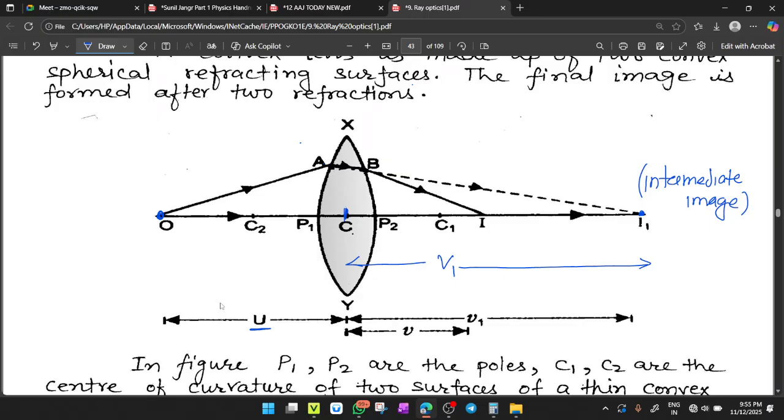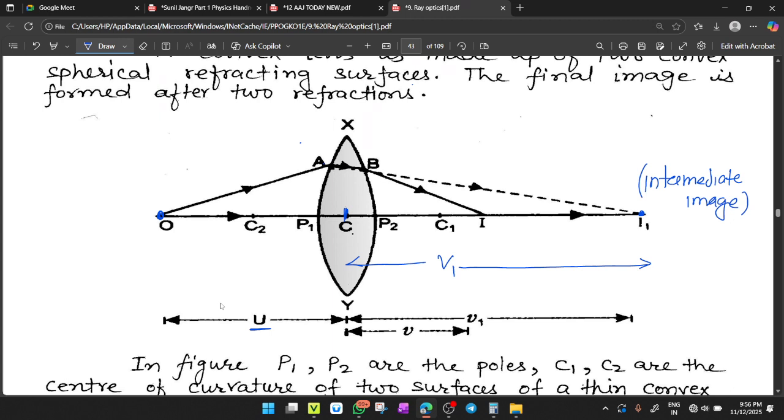It is clear that in the formation of this intermediate image, the rays are coming from the rarer to the denser medium. This means here it is a refraction from the rarer to the denser medium.